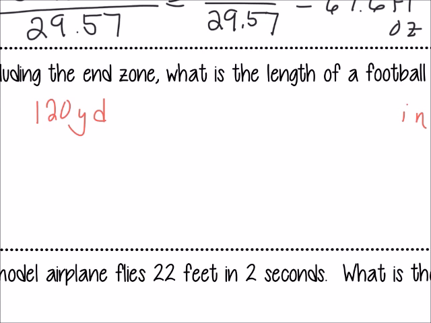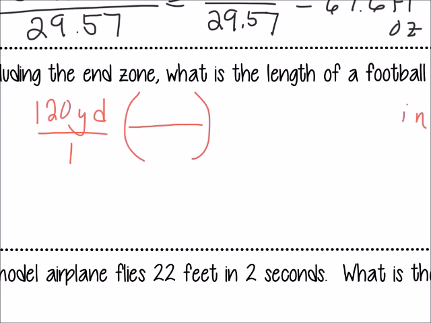Okay, so that means we have to convert yards to inches. And some of us know how many inches are in a yard, but if you don't, we can do it in 2 steps because we do know how many feet are in a yard. So let's first change yards to feet. So we're going to do that by creating a conversion rate. So if yards, in this case, is in the numerator, just like it is, we want yards to go away, and we want feet to be in its place.